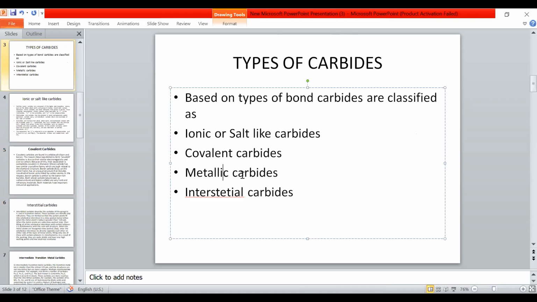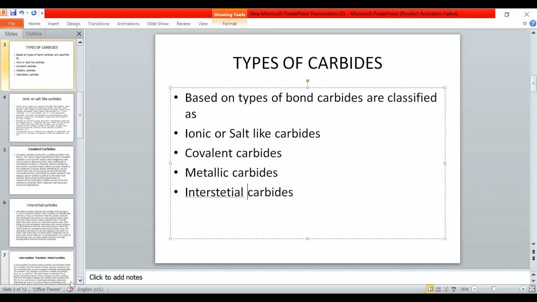Hence, they are called metallic carbides. If carbon penetrates in between the two atoms, it is called interstitial carbide. So carbides are different types of compounds. They are very industrially applicable compounds.